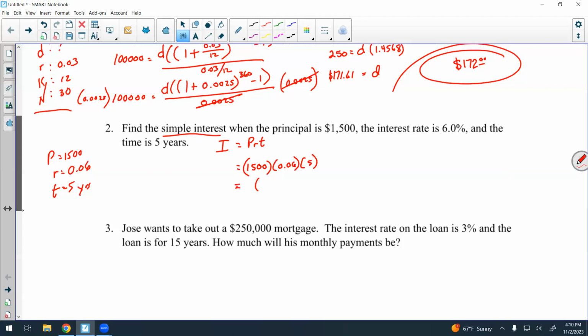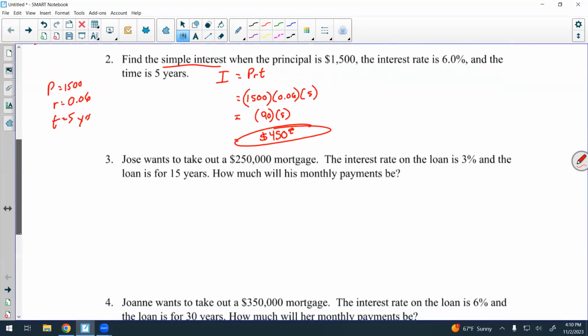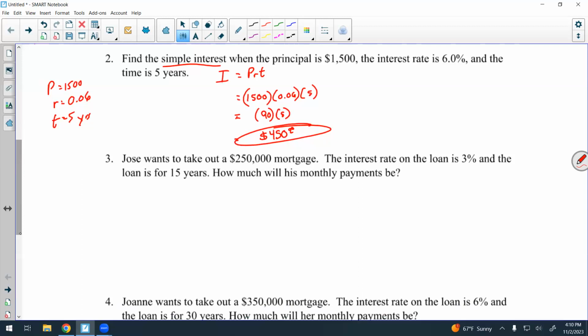Well, 1,500 times 0.06 is 90, times 5 is $450. Any questions on that one?